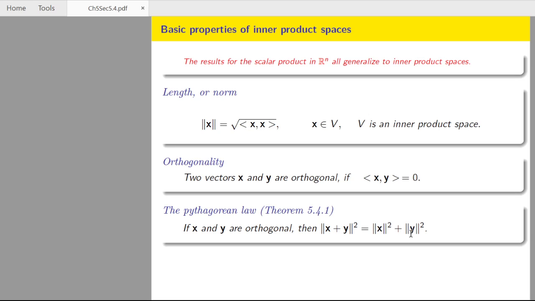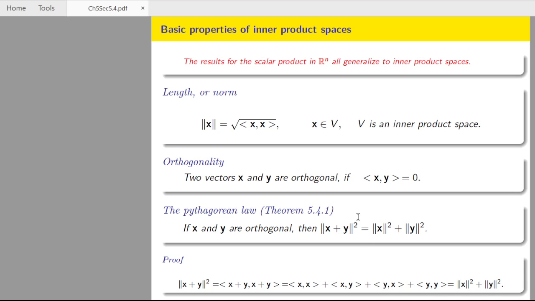We proved this property in Rn when the inner product is the scalar product. Now this is generalized to inner product. Here is the simple proof.